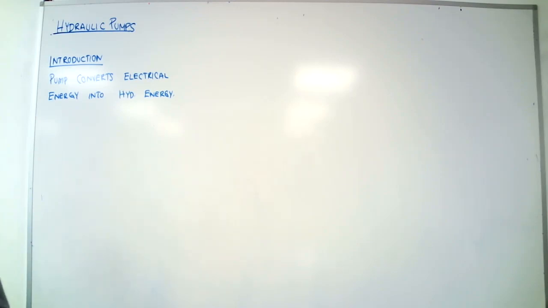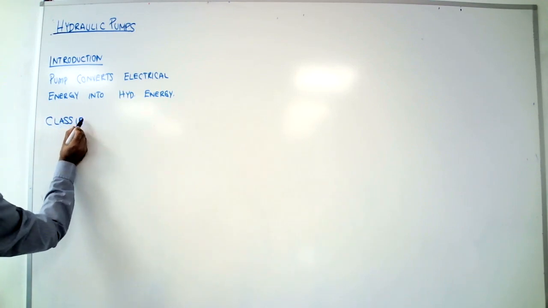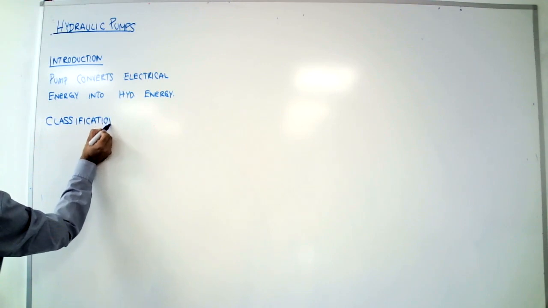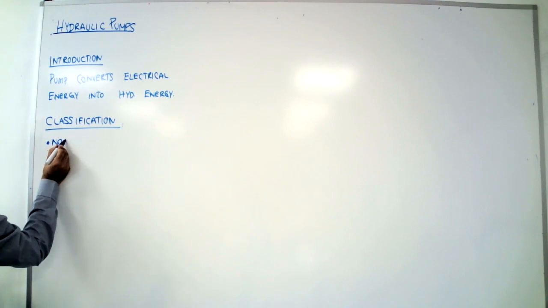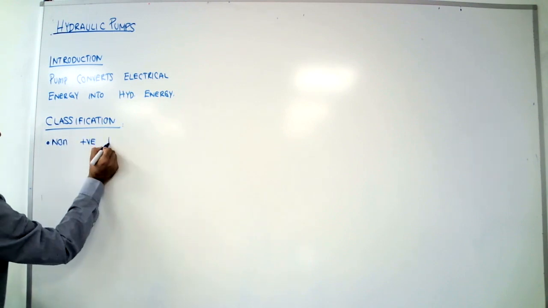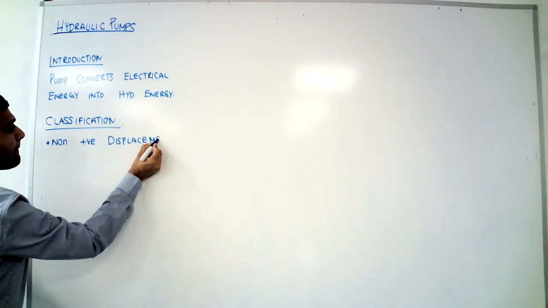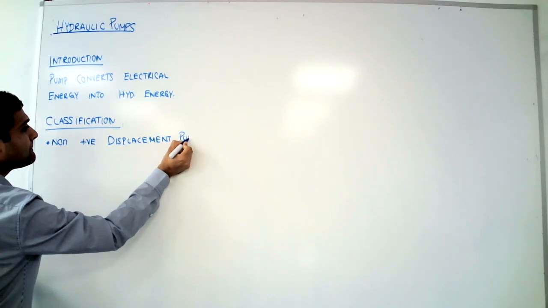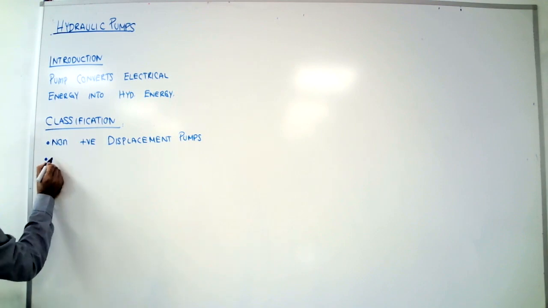Now, there are different types of pumps we use. So when we classify the pumps, when we have a look at the classification of pumps, we have non-positive displacement pumps, and then we have the positive displacement pumps.